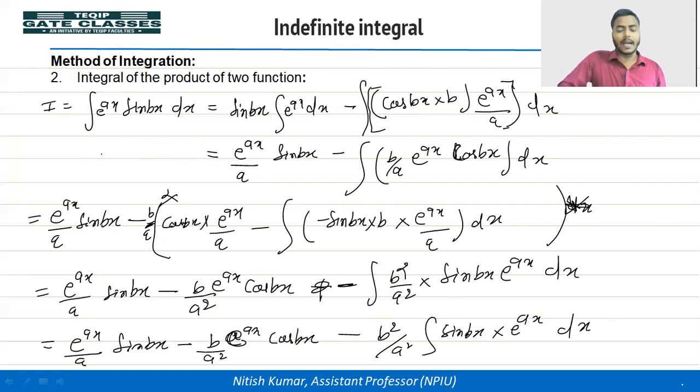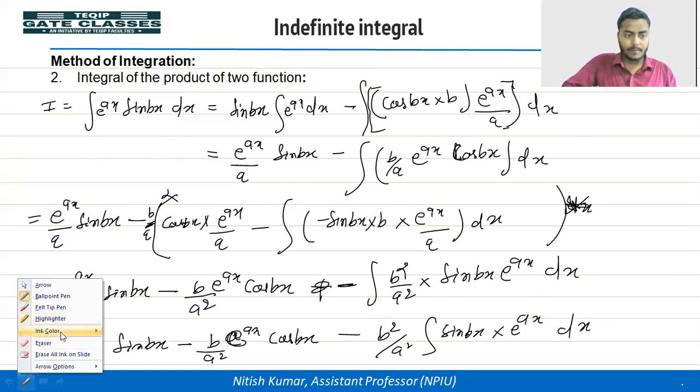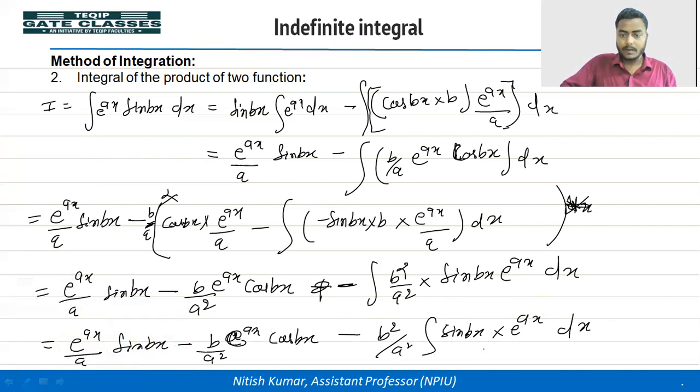See, this expression is I, and this is equal to this one. So we can write I for this also, so this will become I.